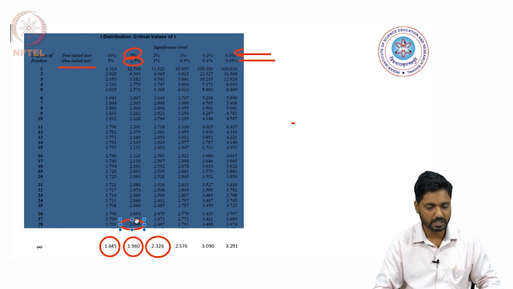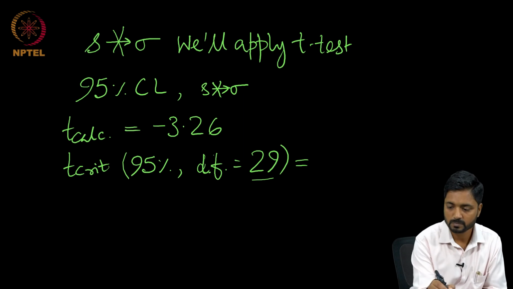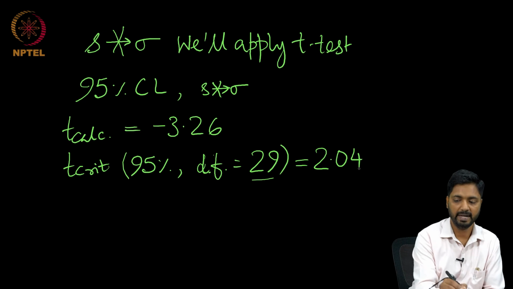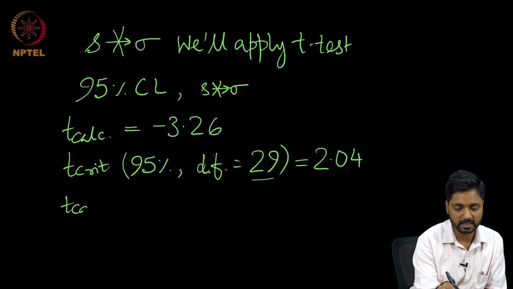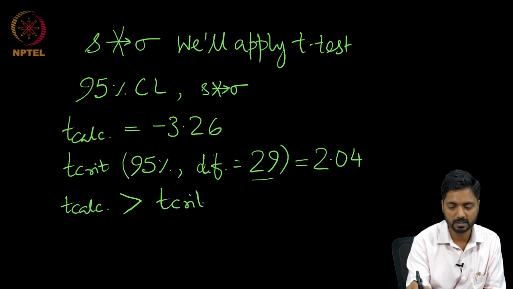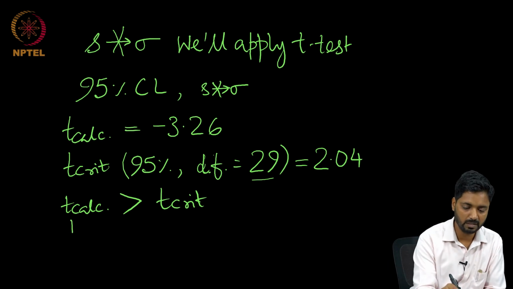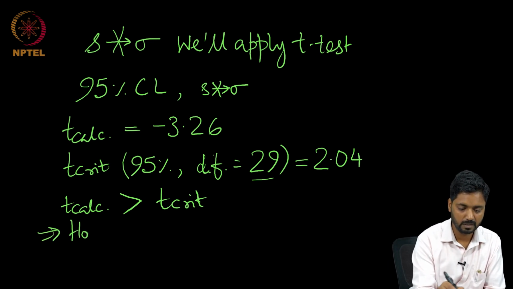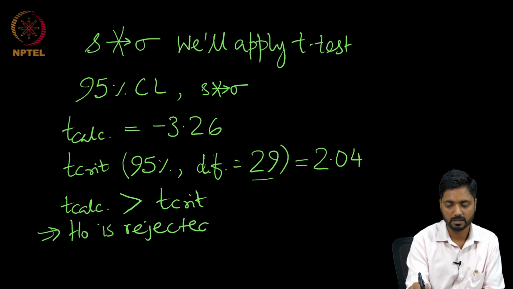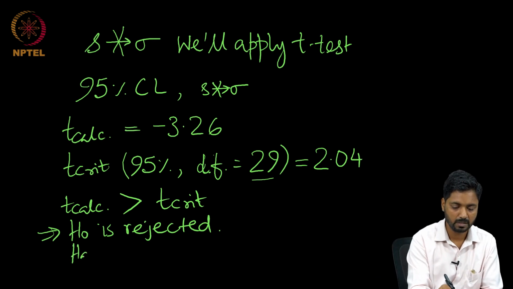So, we can extrapolate this number to 2.04, and what we observe is that the T calculated is again greater than the T critical. So, at 95% confidence level, our H naught is rejected, and the alternate hypothesis holds true.